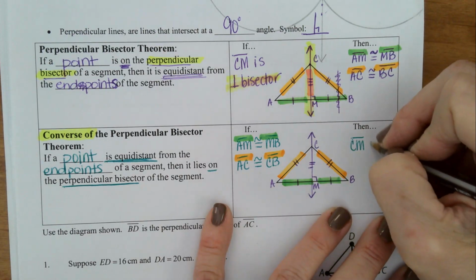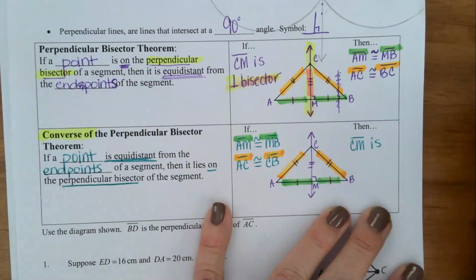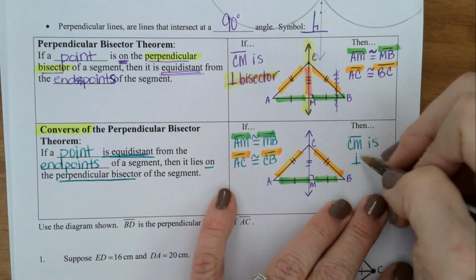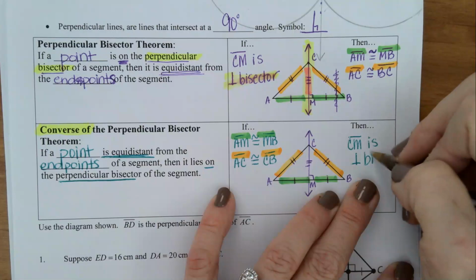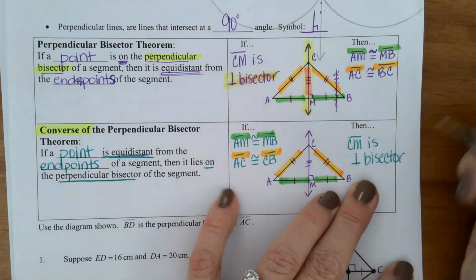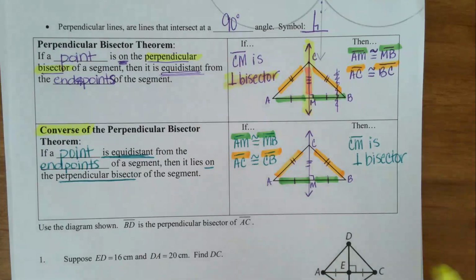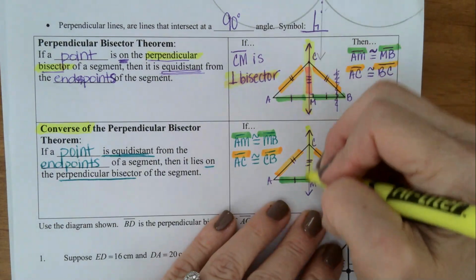CM is, what do you think it is? Perpendicular bisector. You can't leave bisector off. It is perpendicular, but don't leave the word bisector off. That right there.